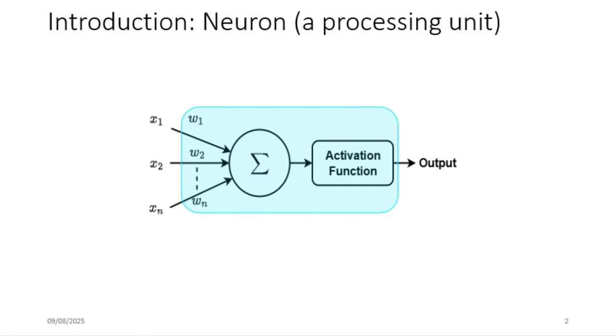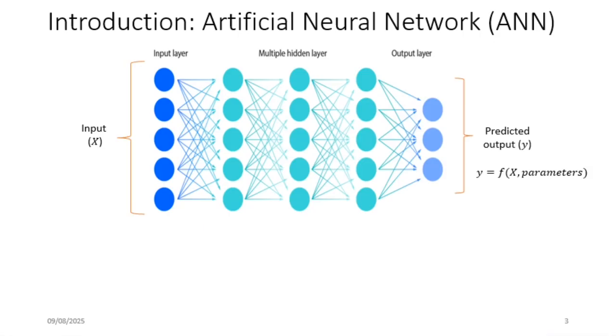A combination of one or more neurons makes a neural network, comprising an input layer, an output layer, and one or more hidden layers. The output obtained from the neural network is a function of inputs and network parameters.